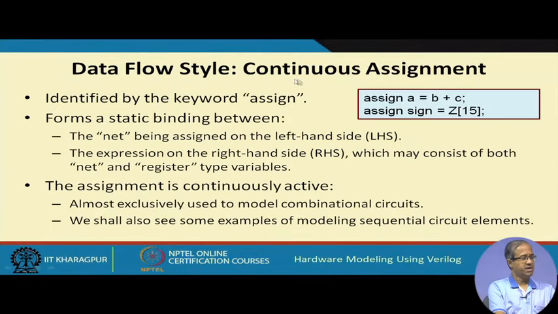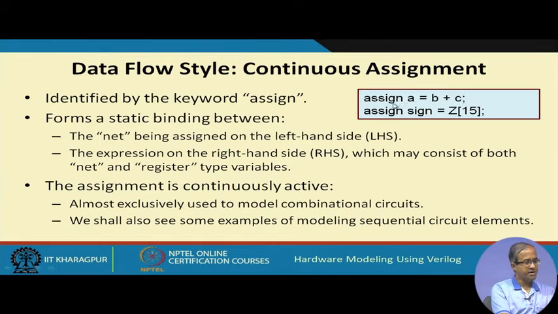So, let us start with continuous assignment or the data flow style, which you have already seen in sufficient detail, but just for the sake of completeness let us look at it once more. The data flow design style is identified by the keyword assign. Whenever you want to make some assignment like a equal to b plus c, or sign equal to z 15, bit number 15 of a vector z, we use this keyword assign before that.